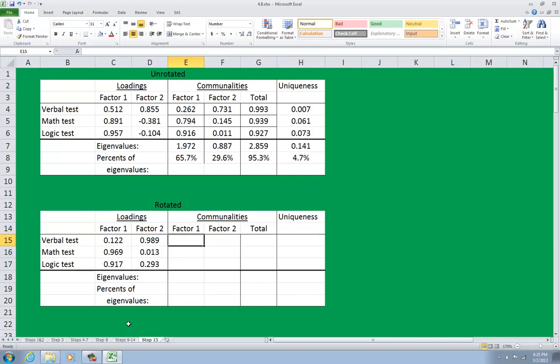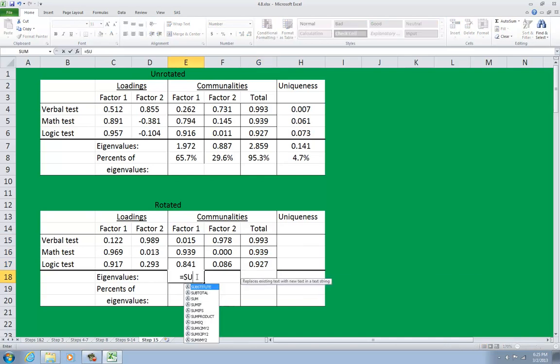And we can do the same process that we did before of just getting the communalities. It's pretty simple. Total communalities. So the eigenvalues can be the sum of these divided by 3.